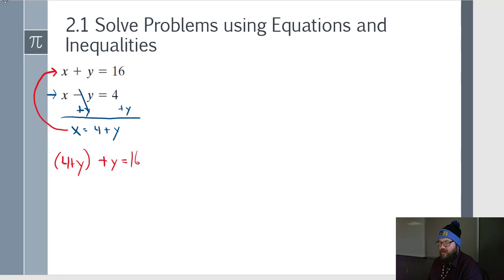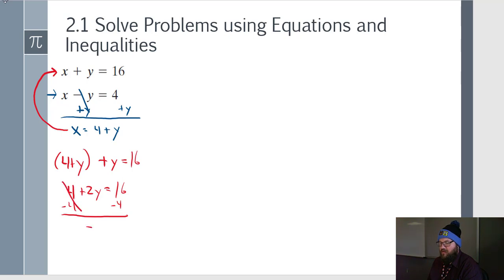If I combine like terms, I can combine this y and this y, and y plus y would give me 2y. So we'll take 4 plus 2y equals 16. And then I'm going to subtract 4 from both sides, in which case these 4s will cancel out.